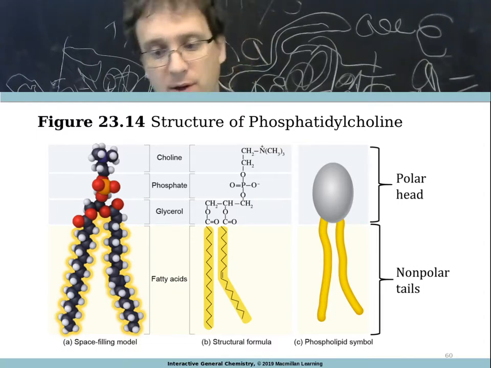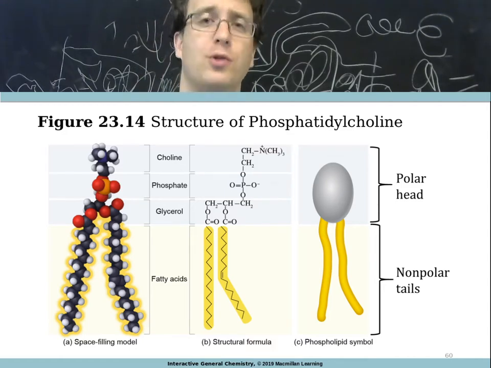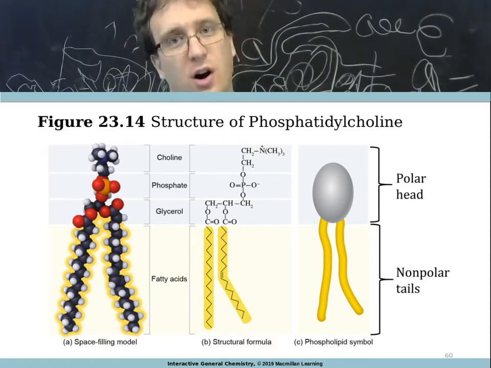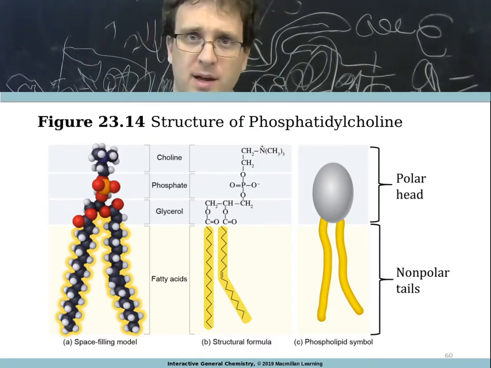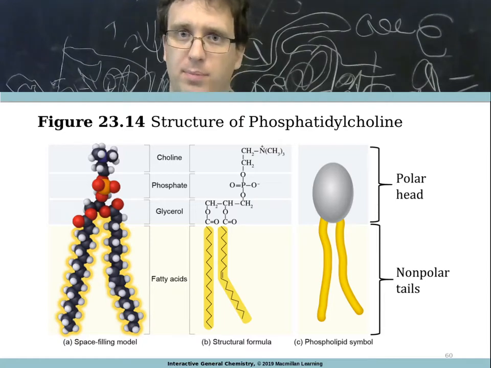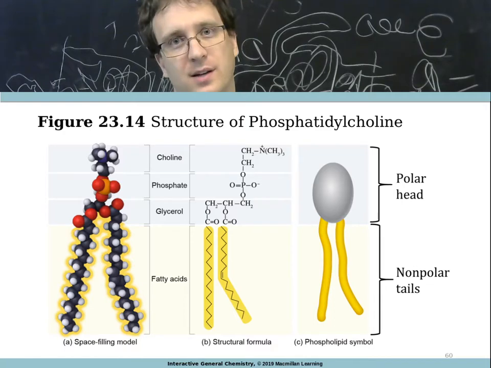What's really notable here is that the phosphate itself and also that choline group on the top are charged. And so that makes the phospholipid have two very distinct parts: the non-polar tail and then that polar head.